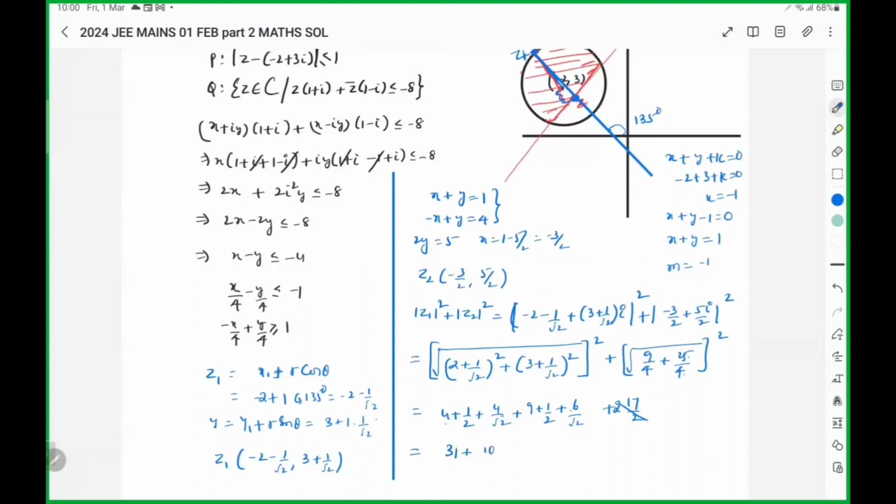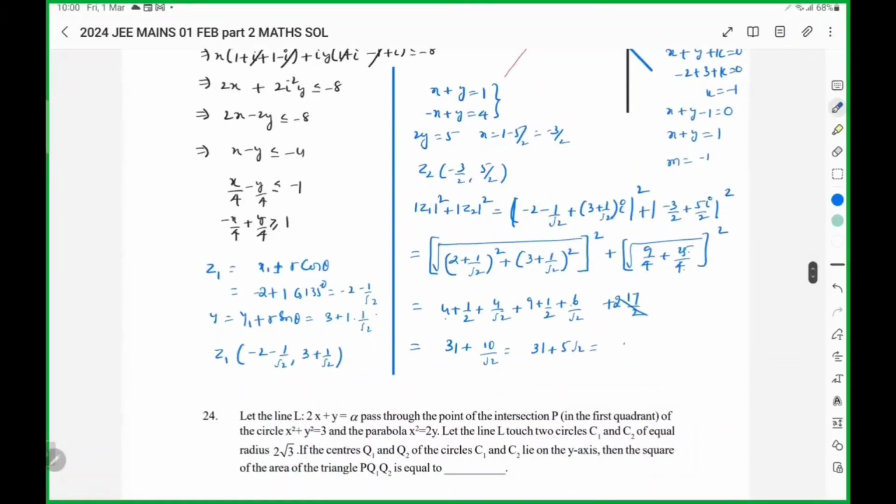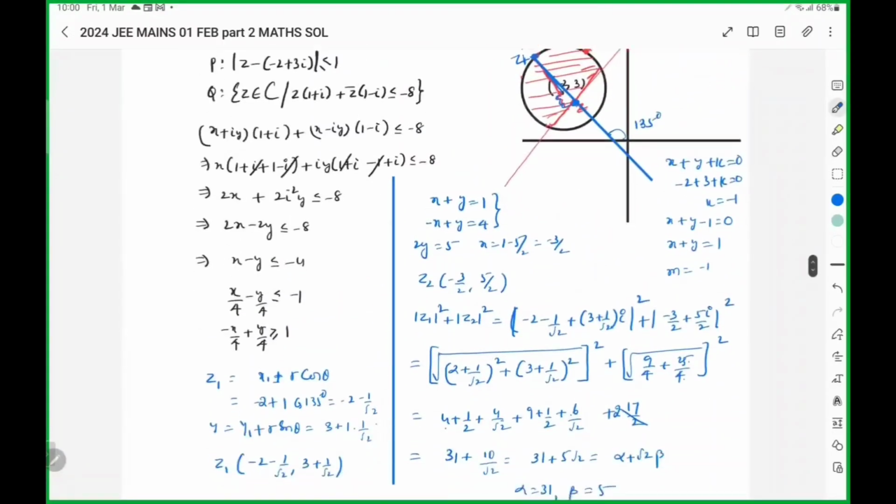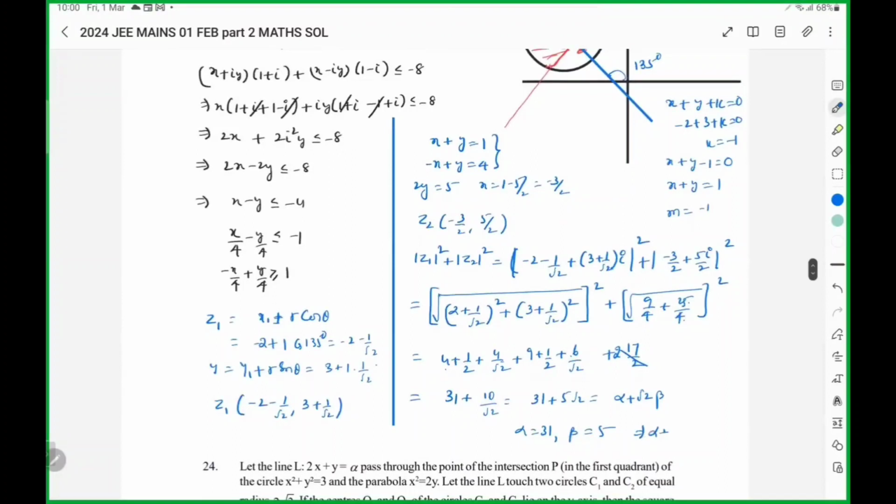Plus 4 plus 6, 10 by root 2. So 31 plus 5 root 2, which is alpha plus root 2 beta. Beta is what he is asking. Alpha plus beta, which is 36.